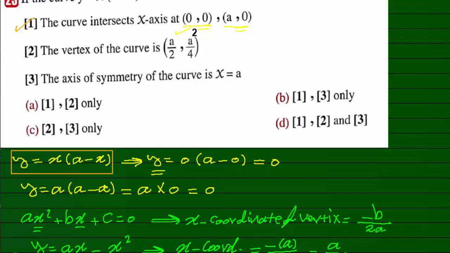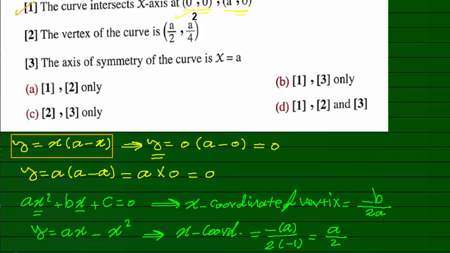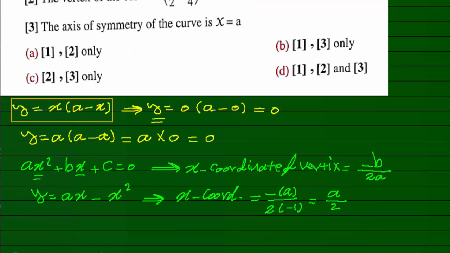Now we calculate y coordinate of the vertex. How? Substituting x equals a over 2 in the equation of the curve, y equals x multiply a minus x. So we have y equals a over 2 multiply a minus a over 2.